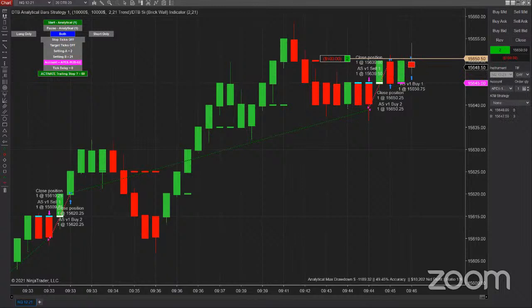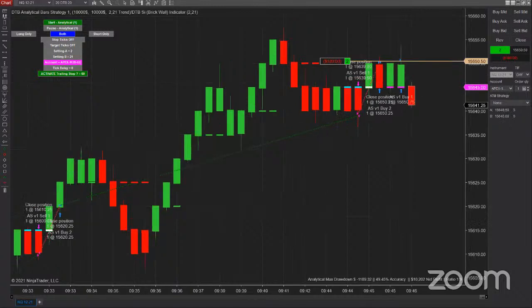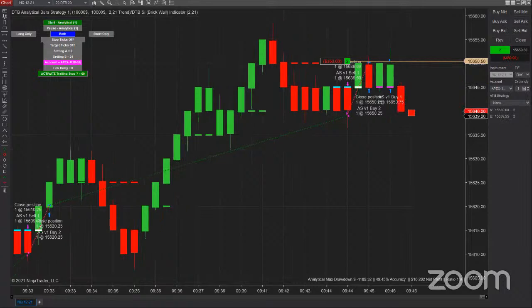Okay, I'm just going to check. So I've got my 5 minute on this chart. I want to change that to a different bar size. So just the $20 and the 20.